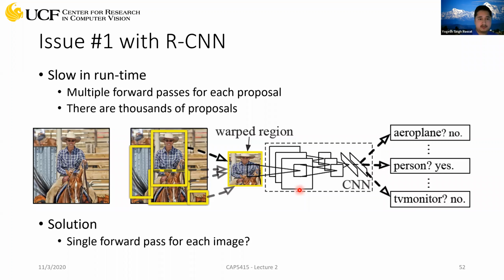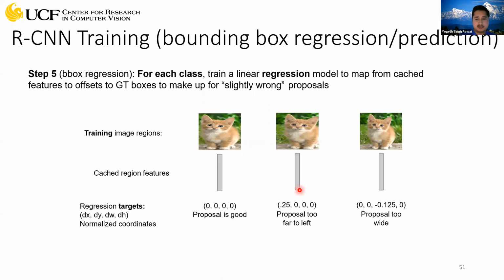Okay, so that was your RCNN, and I think it was the first paper using CNNs to perform object detection, and it is very popular. It has been used widely, not just in object detection, but in lots of other areas. And people have tried to extend this to videos as well.